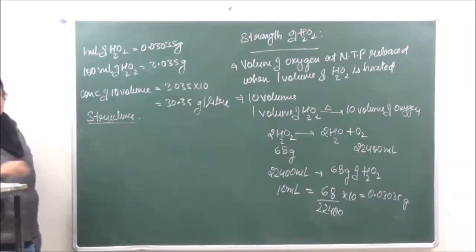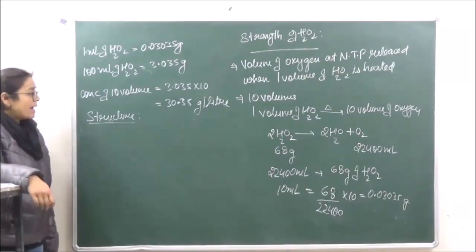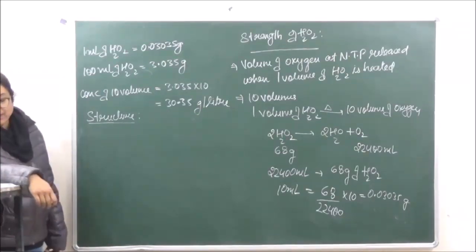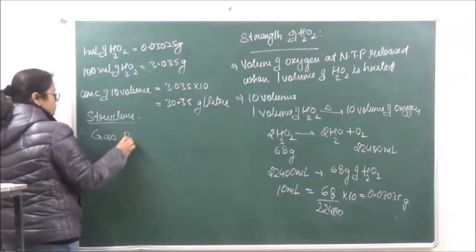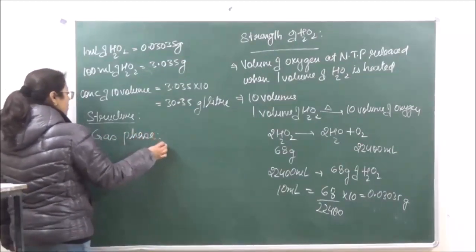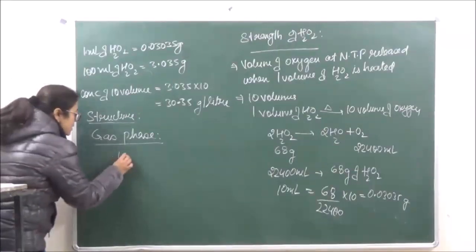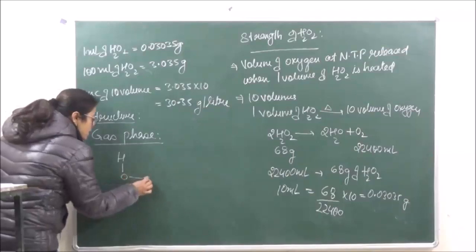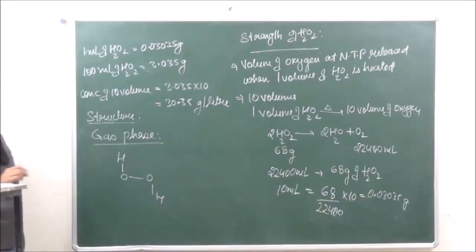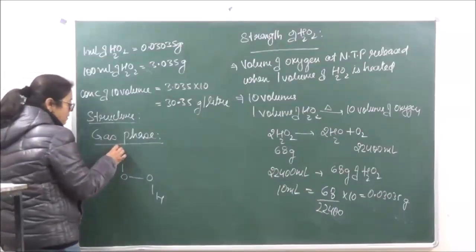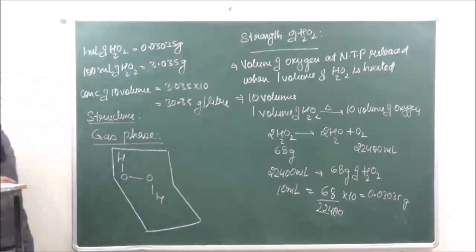Now when we are talking of structure over here, we have two types of structure. One which is the gas phase structure, and the other that is going to be the solid phase. So let's go on to the gas phase structure over here. The planar structure, if we are looking at, this is how the structure is going to be. This is how we generally make the structure.